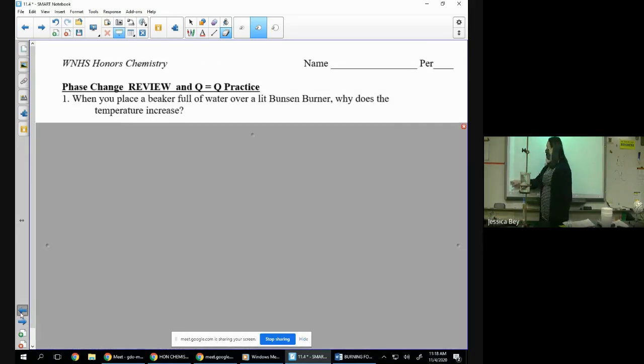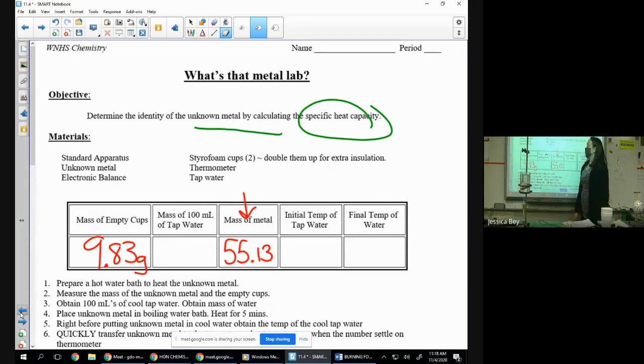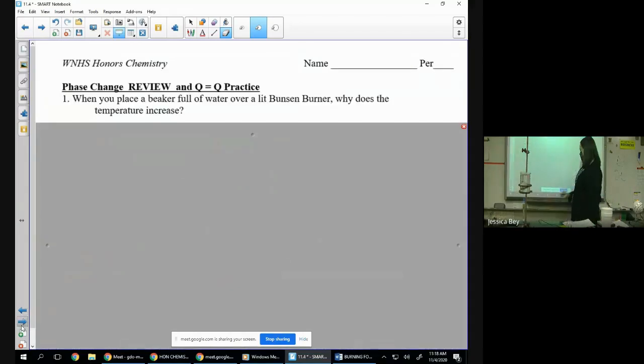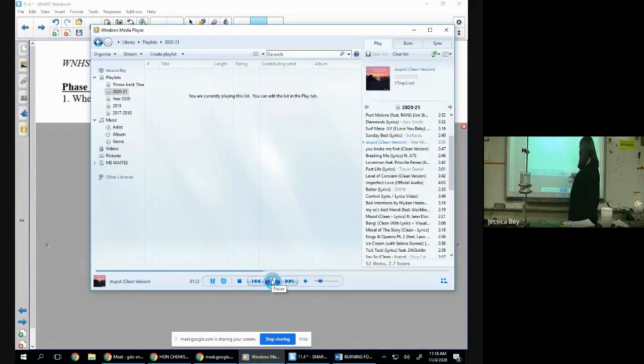But we are going to get some of this stuff going. You've got about 5 minutes while this is boiling. I'm going to take attendance of people at home. The phase change review and Q to Q practice. You guys are knocking this out. Let's do it.